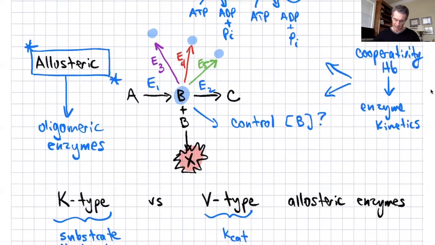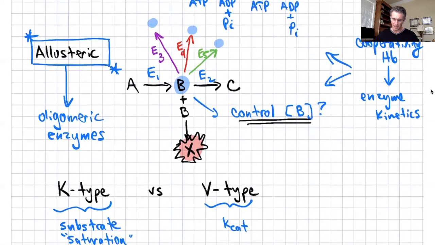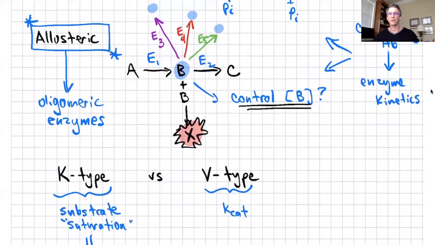What about my second problem here? How do you solve that one? Well, the design idea here, again, is that we need to control the concentration of B. We need to keep this under some really tight control, right? And using an allosteric enzyme provides a really simple way to do that, because in this case, all you have to do is make that E2 enzyme allosteric with respect to B itself, right?